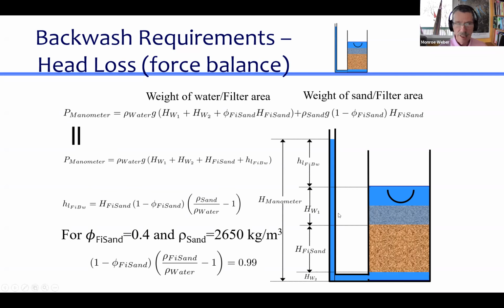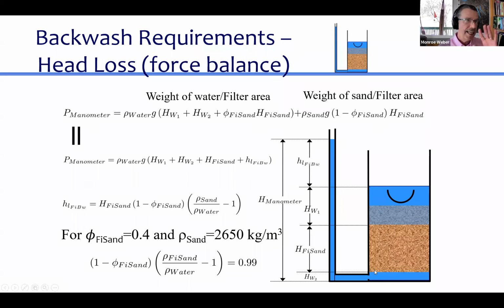So let's add up the weight of everything that's inside the filter box. So that's what this first equation is. We're going to take the density of water and G, gravity, and we're going to multiply it by the height of water 1. So HW1 is the height of water that was above the original sand bed. And also HW2, which is the depth of water that was below the sand bed.